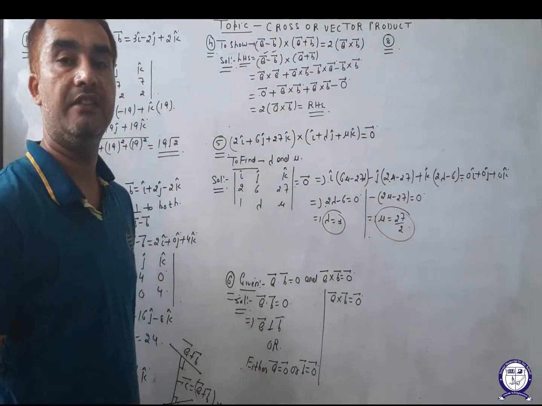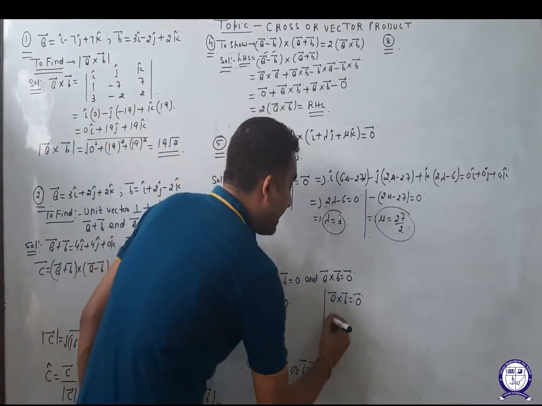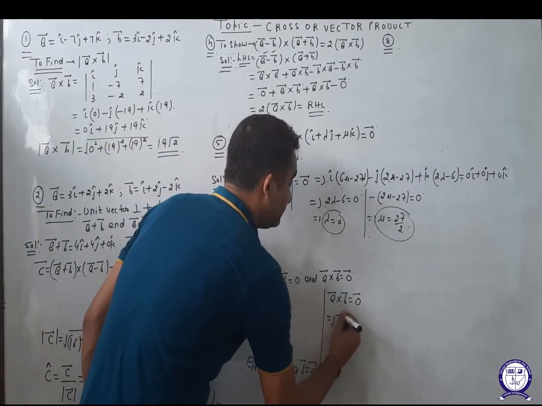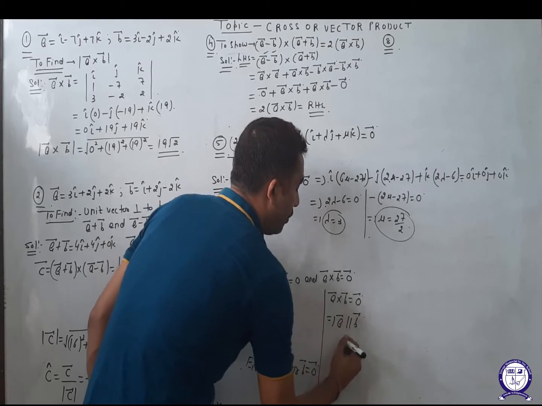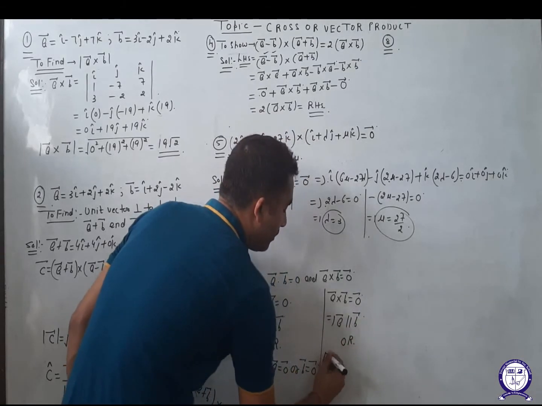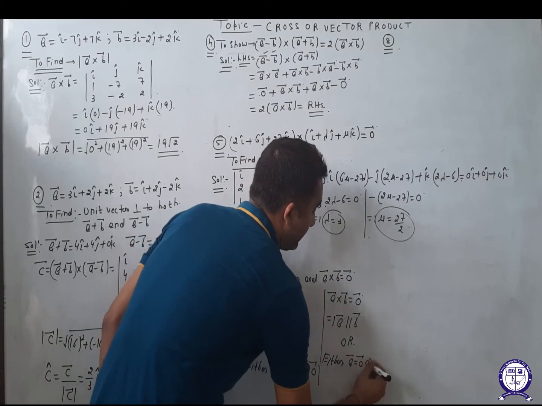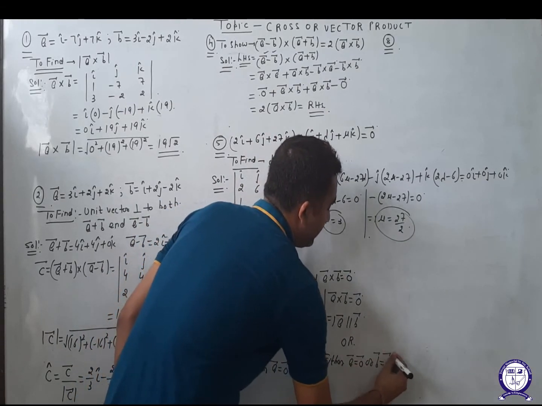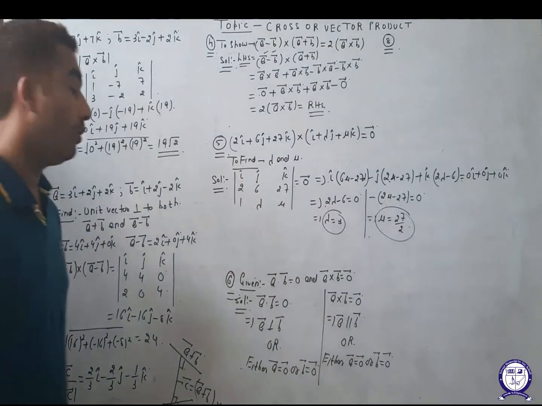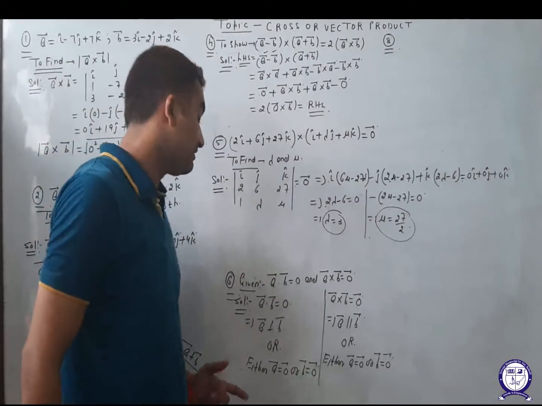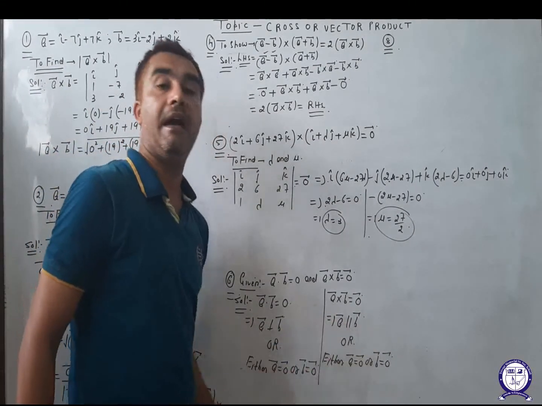Cross of two vectors is 0 only when vectors are parallel, or either one of them is 0 vector. At the same time, vectors cannot be perpendicular and parallel both.